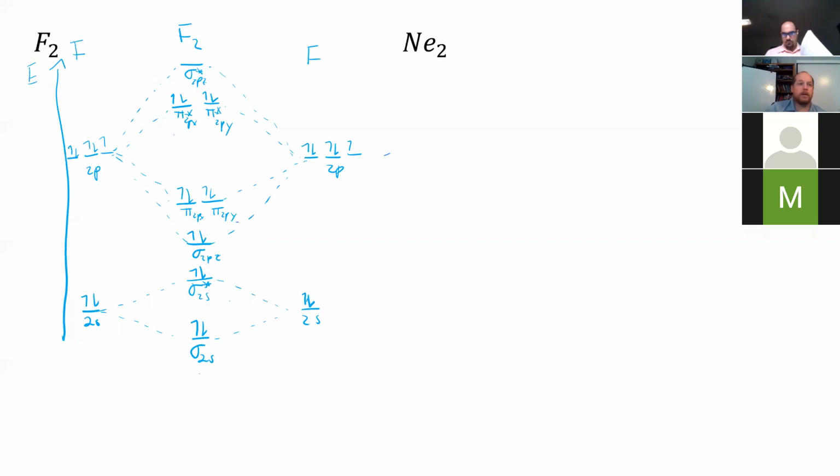And so our molecular electron configuration would be sigma 1s2, sigma star 1s2, sigma 2s2, sigma star 2s2, sigma 2p2, pi 2p4, and pi star 2p4.